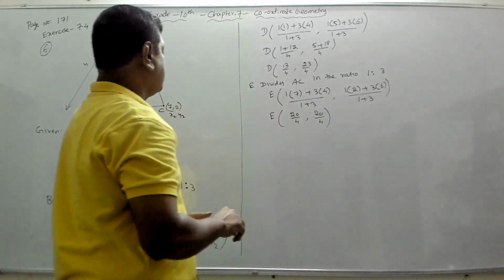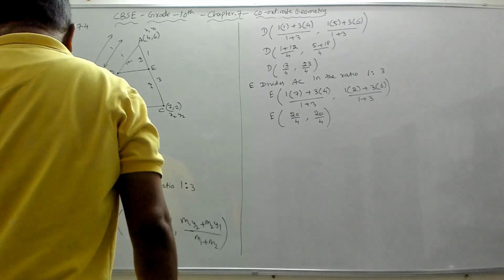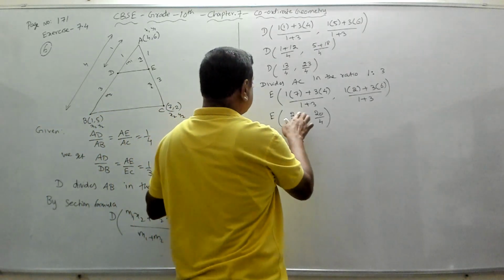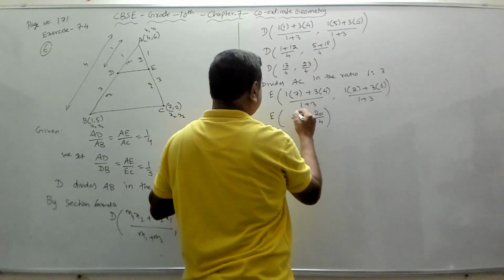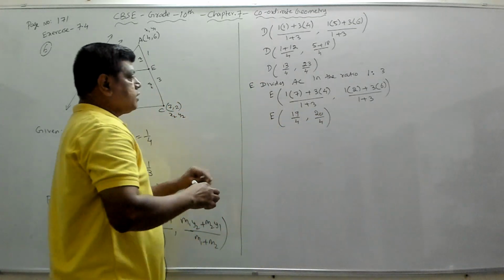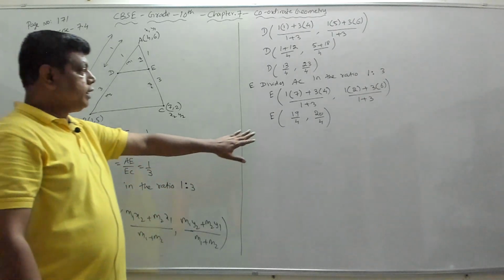Sorry, I first said 20, but 7 plus 12 is 19. So this is your point E.